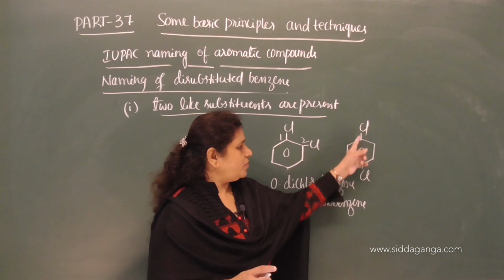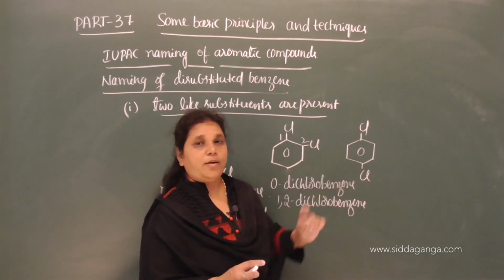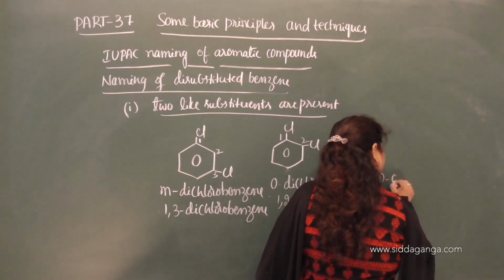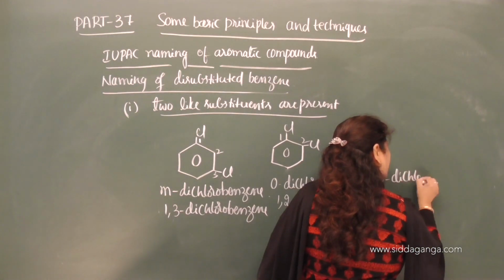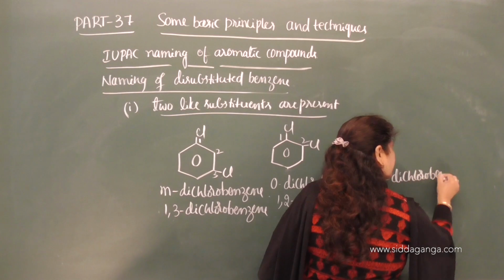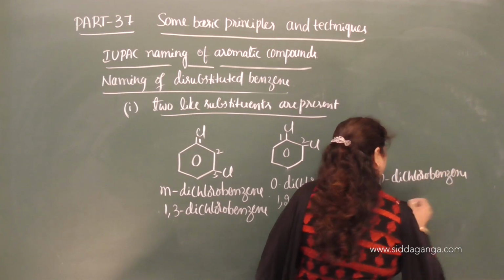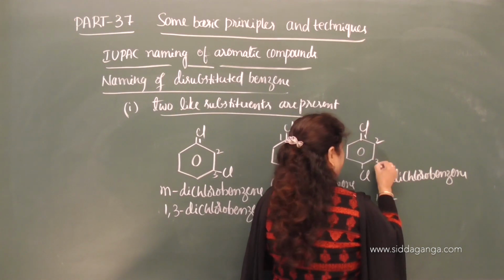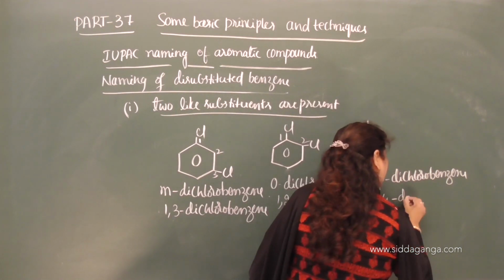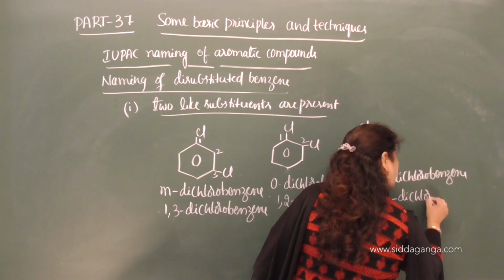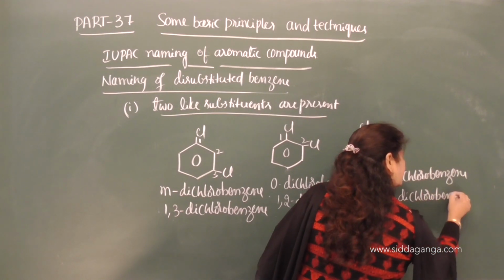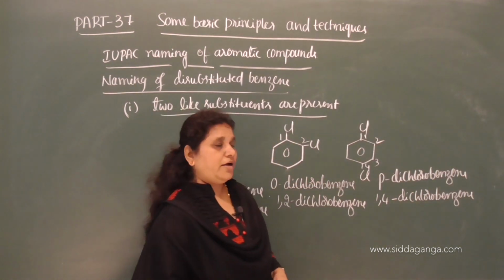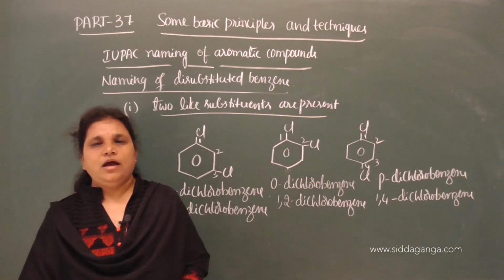See here, 2 chlorine atoms are on opposite positions. Therefore, P dichlorobenzene, or 1,4. 1, 2, 3, 4. 1,4 dichlorobenzene is the IUPAC name.